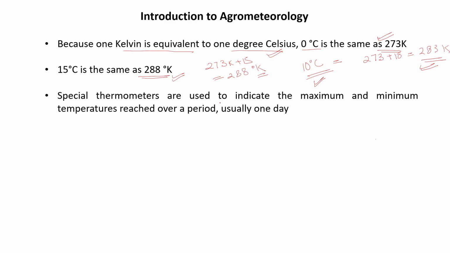Special thermometers are used to indicate the maximum and minimum temperature reached over a period, usually one day. Such a thermometer is used for temporal variation. If we want to record the maximum and minimum temperature of a day, we can use that special thermometer.